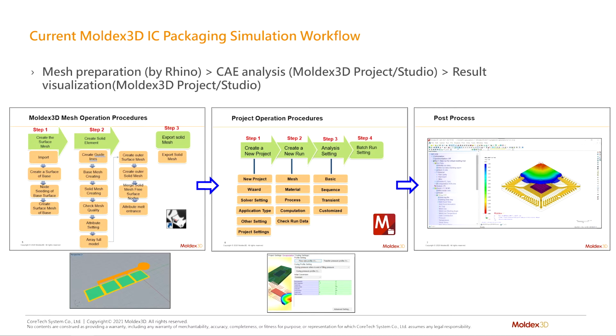Generally, we use Rhino to do mesh preparation for the simulation, and then after the mesh is prepared, people can create the project and create the job analysis in Moldex3D Project or the Moldex3D Studio platform. And after the simulation finishes, people will use our visualization platform like Project or Studio to see the simulation result.